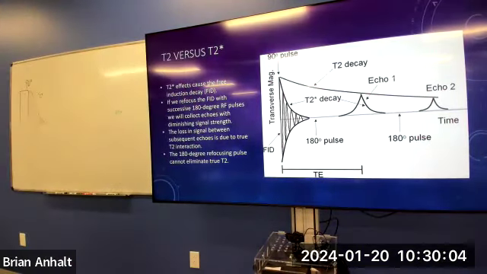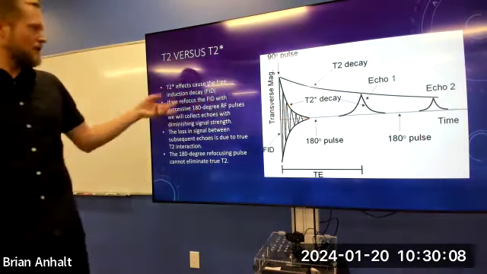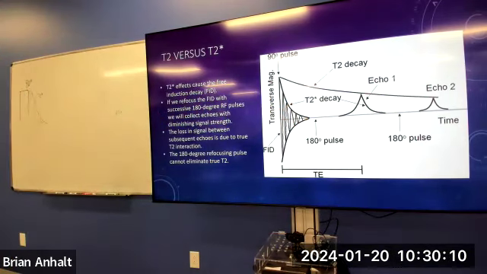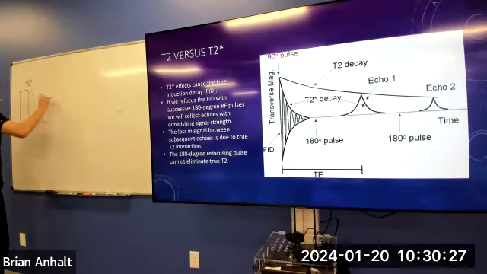I didn't go over it a lot, but that is the free induction decay. T2 star causes the free induction decay. If there was no T2 star, this signal would stay a lot longer. But because we have inhomogeneities and susceptibilities, that rapid loss of signal due to T2 star effects is called the FID, free induction decay.